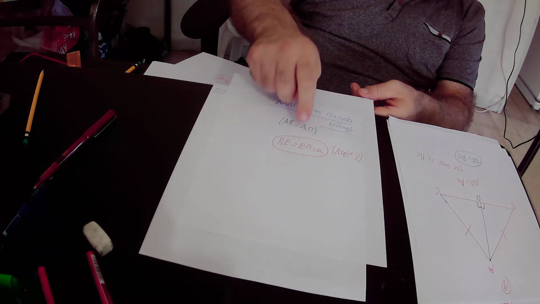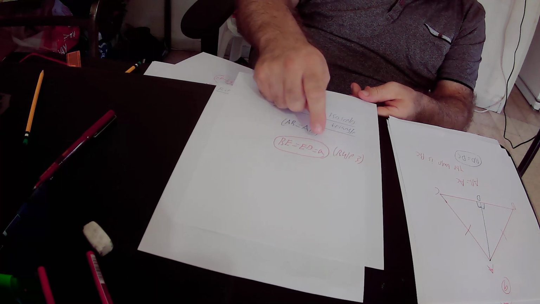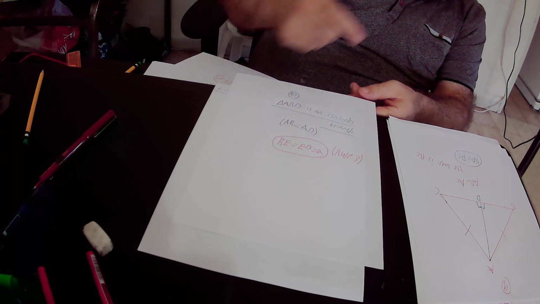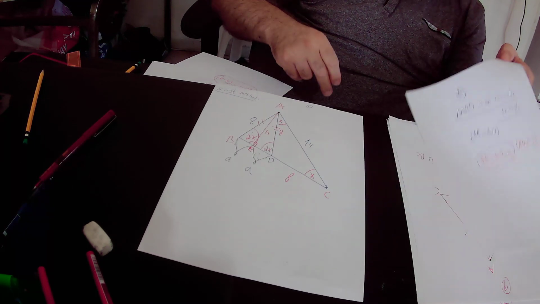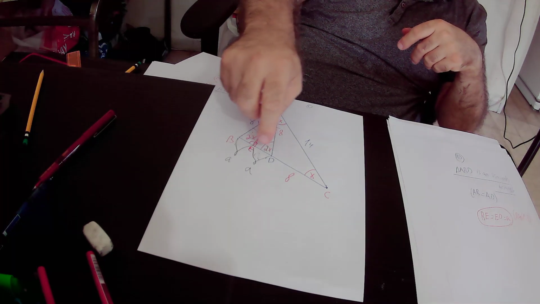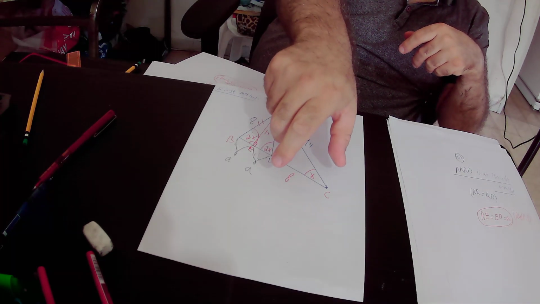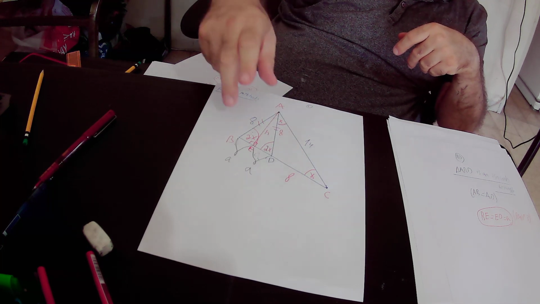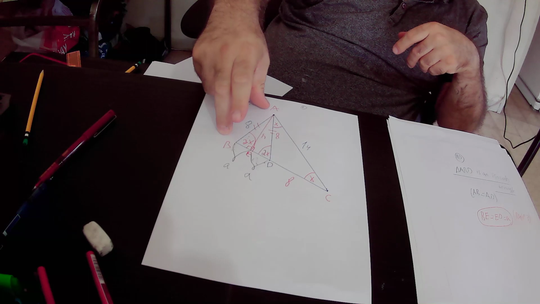And we defined ED as A, so ED equals A, and therefore BE also equals A. So we actually know that BE equals A, ED equals A, DC equals 8 units, AC equals 14 units, and AB equals 8 units.